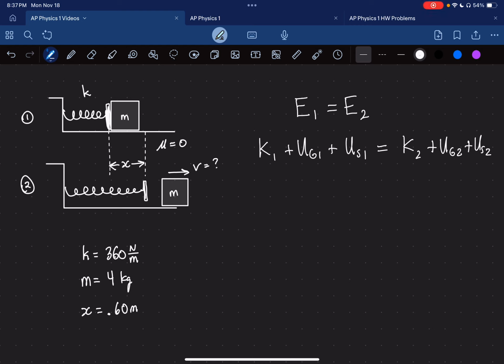Now, a couple of things. In position 1, the block is not moving. There is no speed to the block. And so again, if there's no speed, there is no kinetic energy.